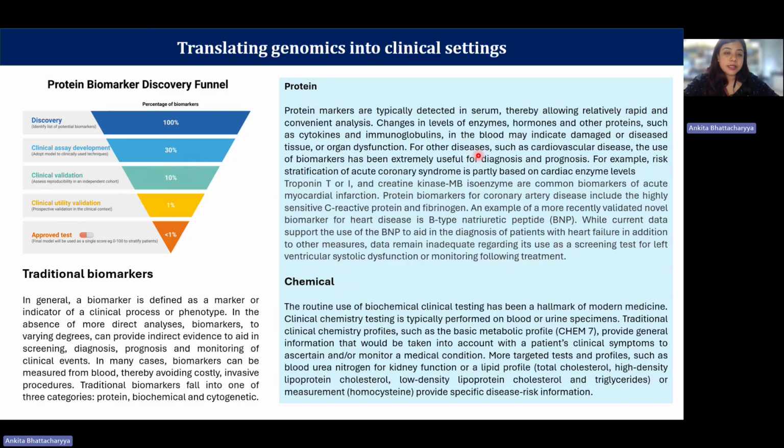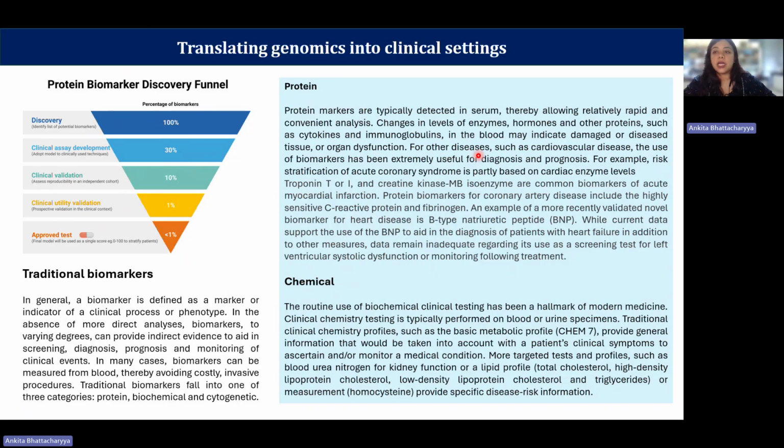For diseases like cardiovascular diseases, the use of biomarkers has been very useful for diagnosis and prognosis. We talked about BNP, brain natriuretic peptide. We talked about the D-dimer test and a number of other examples, troponin C test, etc. All of these are possible.